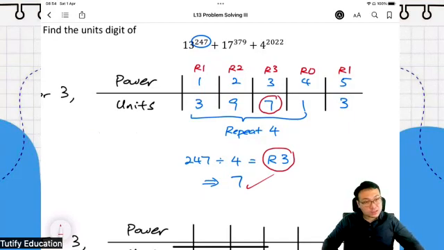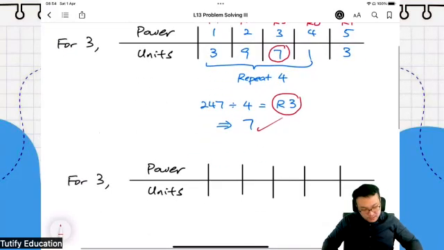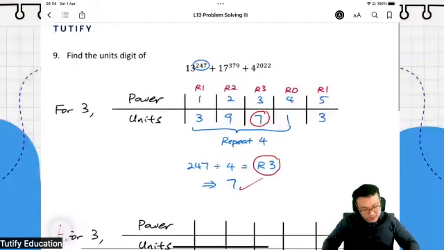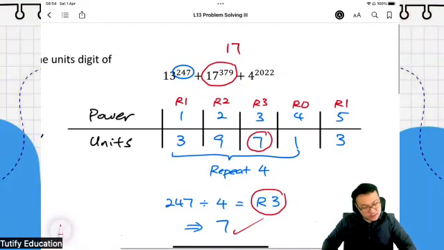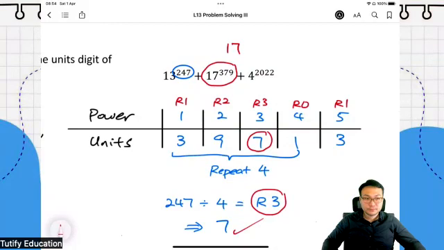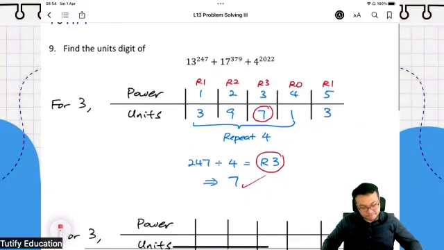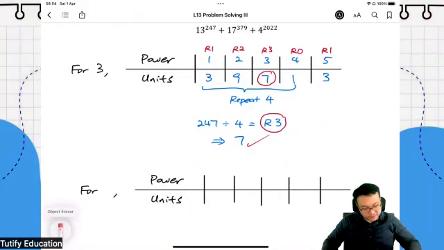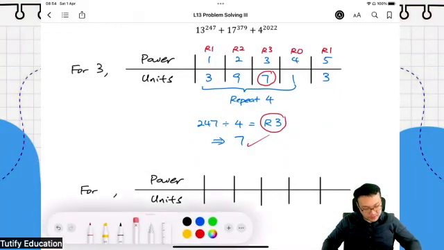Now I'm going to ask Reagan. Reagan, let's look at the next one. Do I really need to care about the number 17? No. Which number is enough? 7, correct.